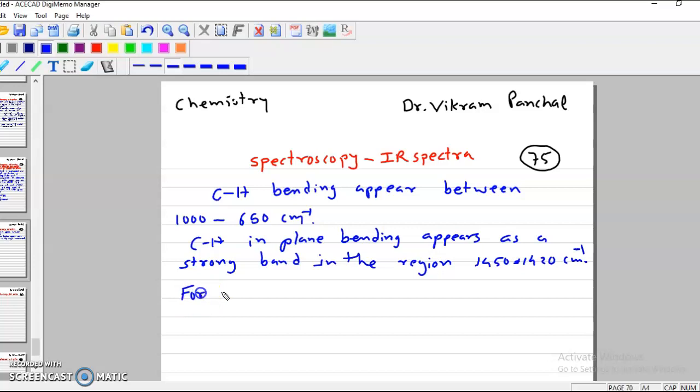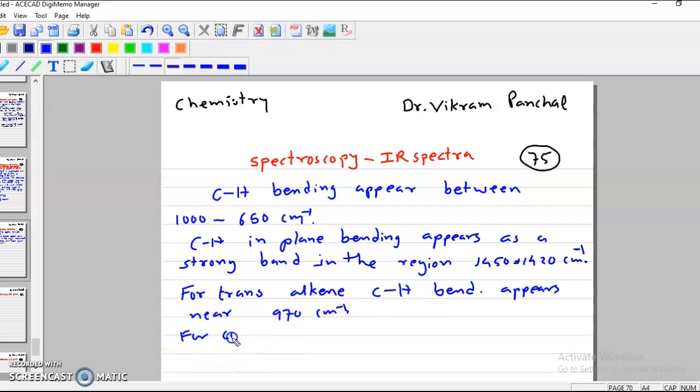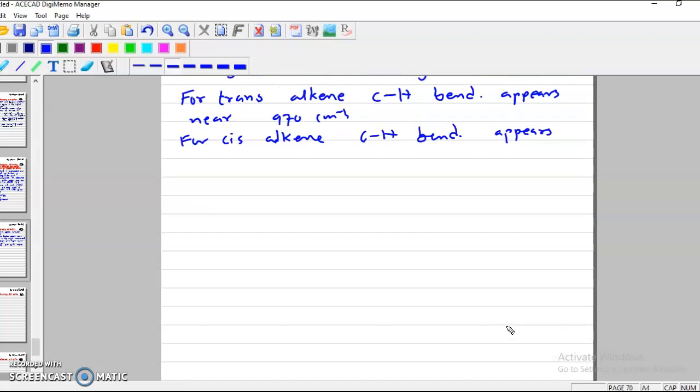For trans alkene, CH bending appears near 970 centimeter inverse, and for cis alkene CH bending appears near 700 centimeter inverse.